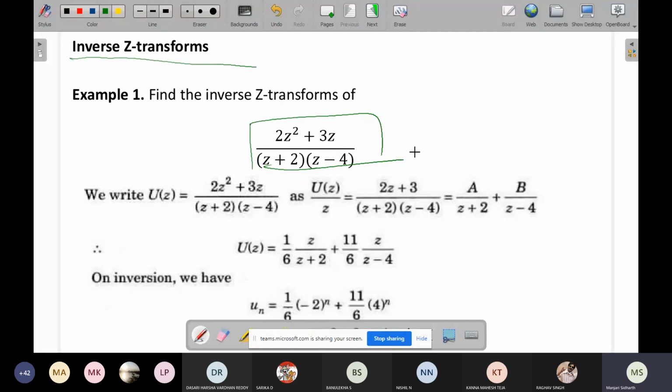Find the inverse Z transform of this. Now Z transform of U n is capital U Z, that means Z inverse of capital U Z is the inverse Z transform, and you will get a sequence U n. So capital U Z is this.